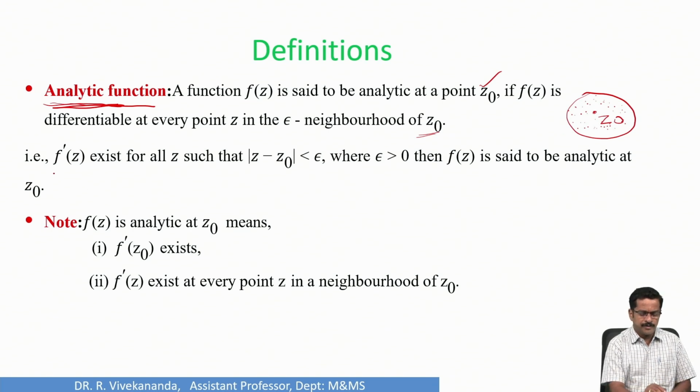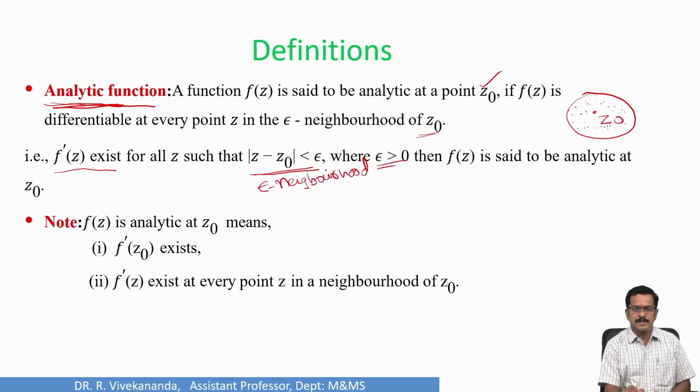So that is, f dash of z exists in the neighborhood of z naught. Modulus of z minus z naught less than epsilon is the epsilon neighborhood, where epsilon is greater than 0. With radius epsilon, we define a disk, a circle. In that circle, the function has to be differentiable at every point.